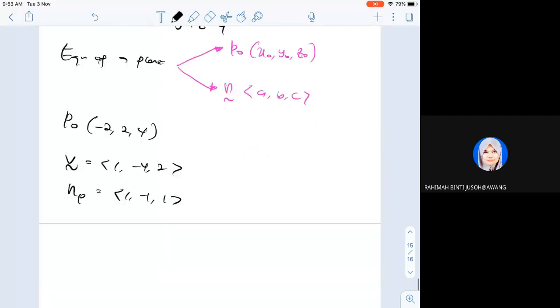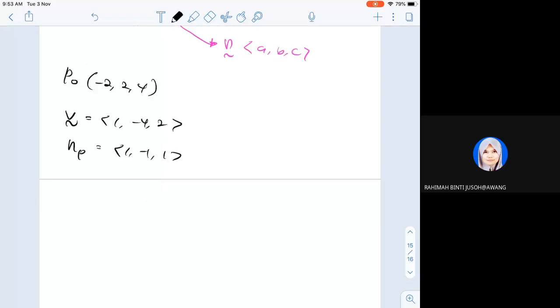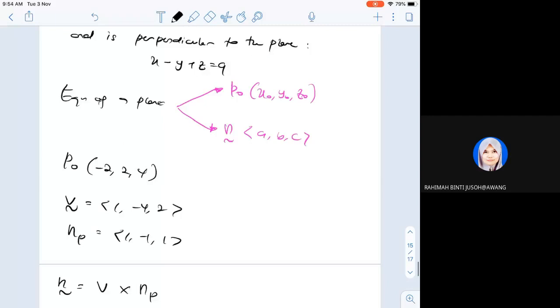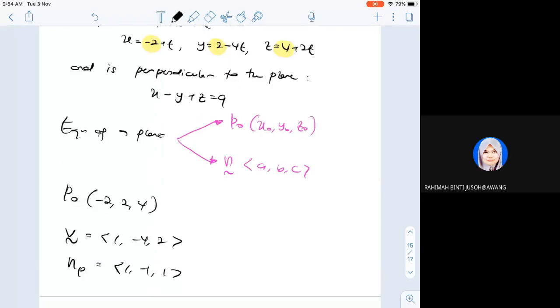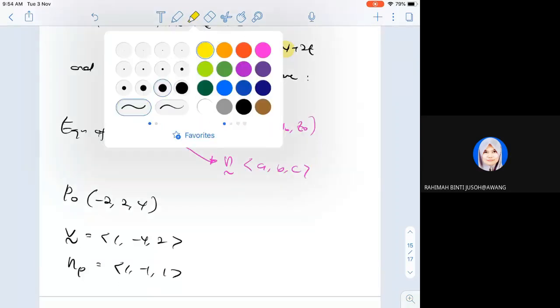Okay, so in order to find the normal vector of our plane, we need the cross product between the parallel vector and the normal vector of the second plane, because it said that the plane is perpendicular to that plane.